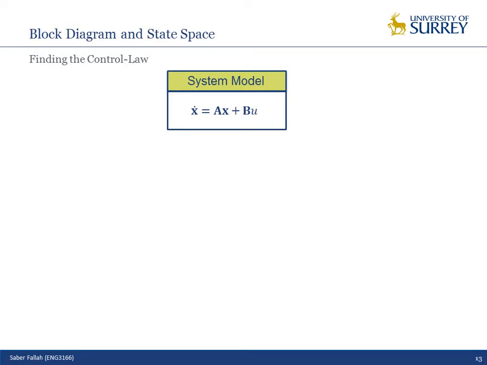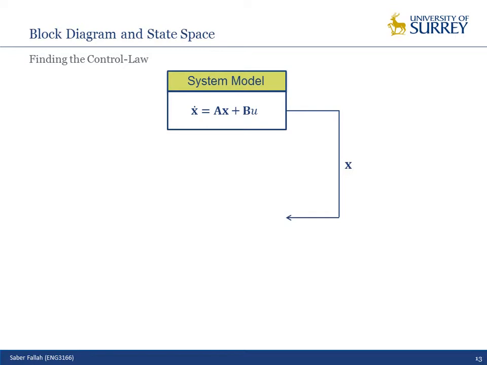Look, again, I have this system, the uncontrolled system. If I assume all states are measurable, it means I don't need any observer or estimator, so I can measure x. x is all the states of my system.